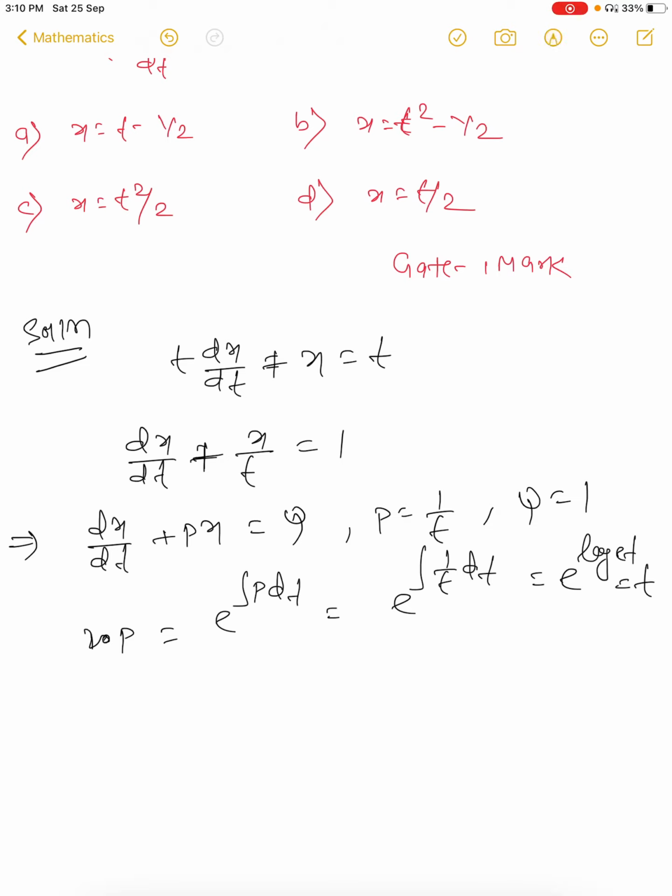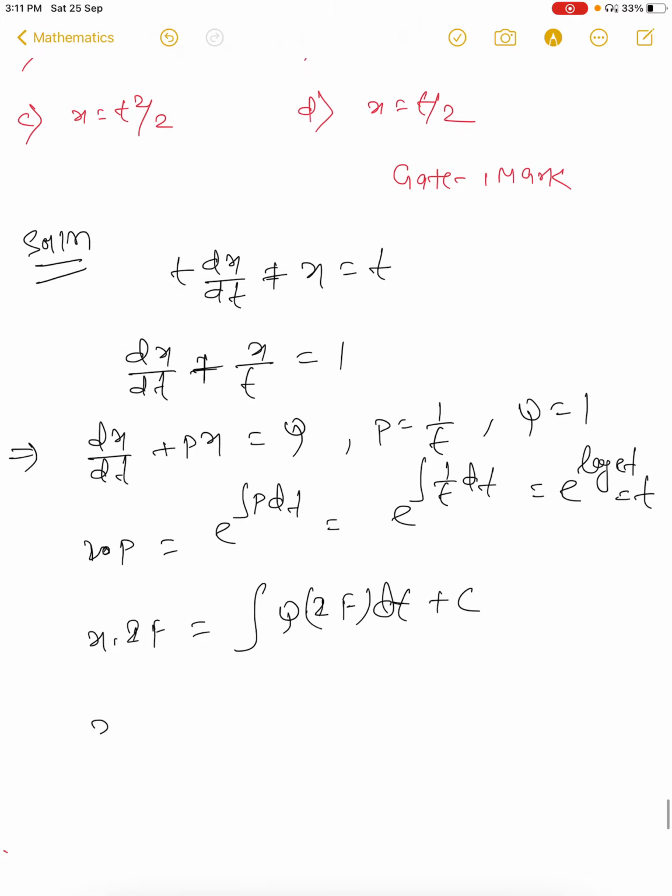So the solution is x times the integrating factor is equal to the integral of Q times the integrating factor dt plus c. So x into t, what is Q? 1, so t dt plus c. We can say that it is t²/2 plus c.